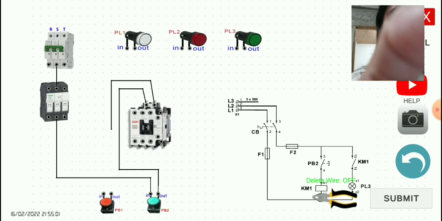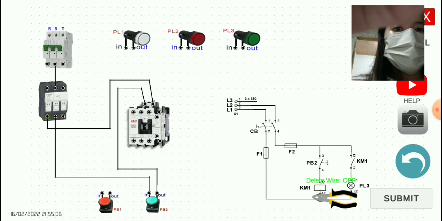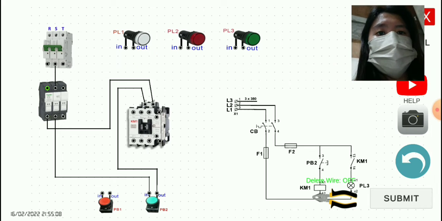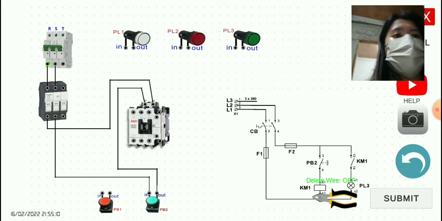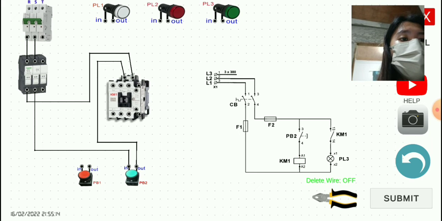After that, we will proceed to another line here, the KM1 labeled 13 and 14.